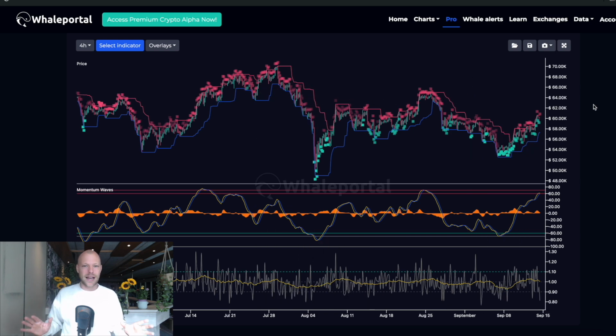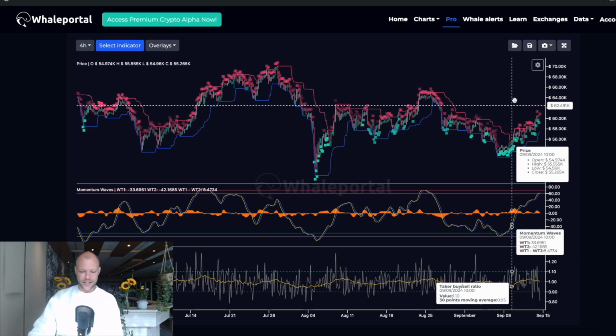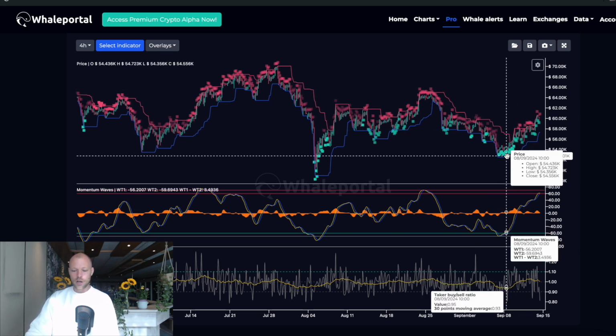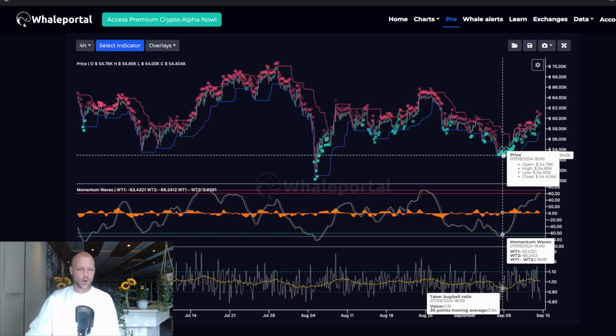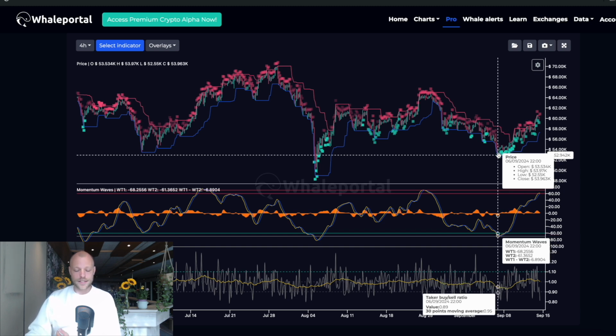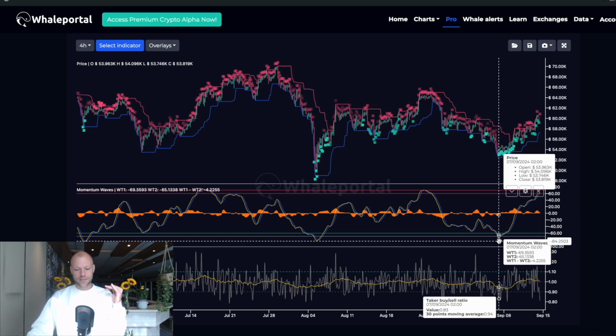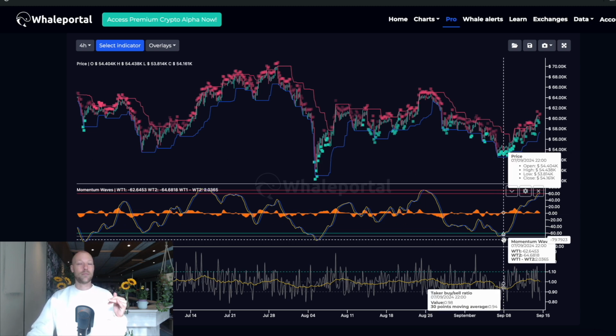But let's have a look at what happens if you combine these three indicators, because right here you can see, okay, we have green dots below the price of Bitcoin, which basically means we have buying pressure going on. We have the momentum wave crossing bullish from being oversold. Also another confirmation.